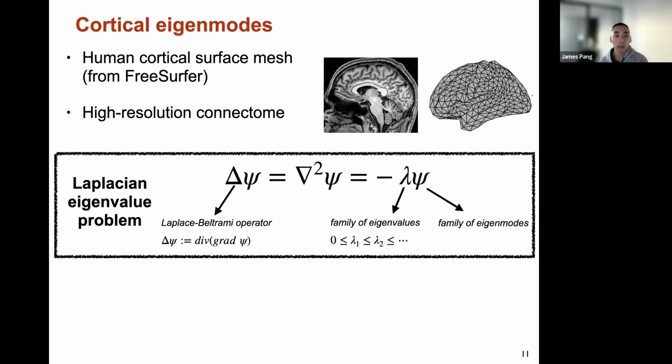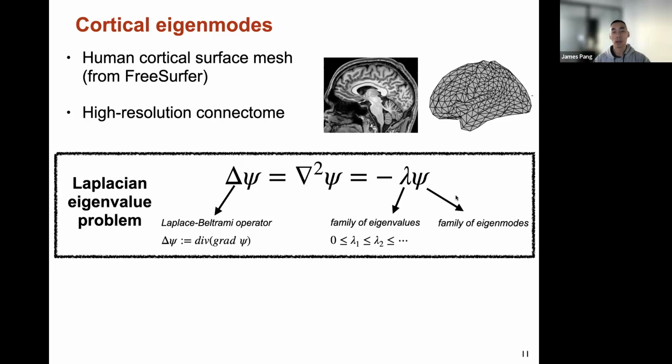And to calculate the eigenmodes, we solved this simple Laplacian eigenvalue problem, where on the left, this is what we call the Laplace-Beltrami operator, which encodes the spatial relationships of the points or the nodes in the connectome, for example. When you solve this, kind of like an eigen decomposition, you will get a family of eigenvalues and a family of eigenmodes, and they have a one-to-one correspondence.